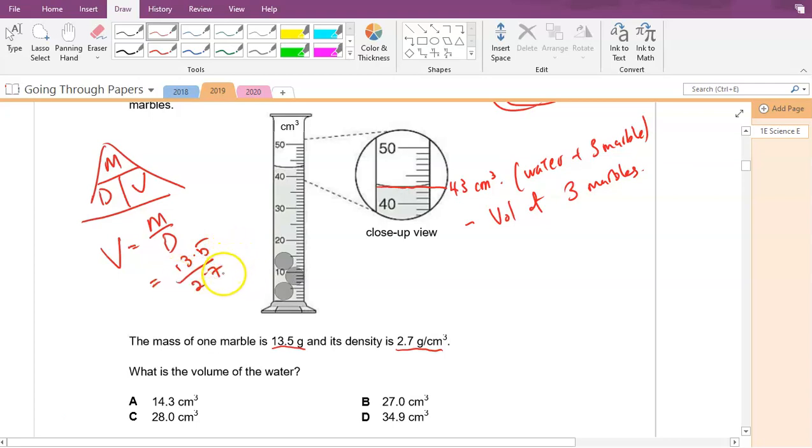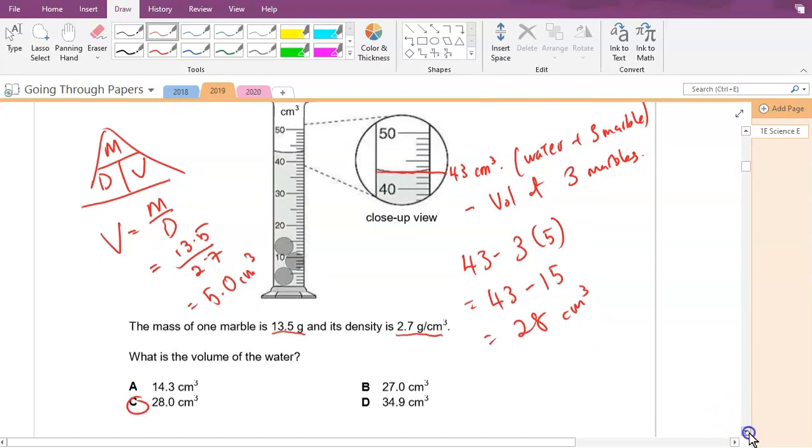If you calculate this, you realize that the volume would be 5.0 cm3. Now if I take 43 minus 3 times 5, I'm going to get my answer for the volume of water. That means it's 43 minus 15, my answer will be 28 cm3. So the answer will be C.